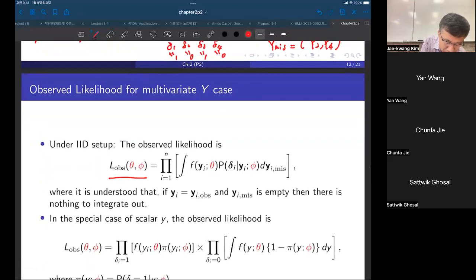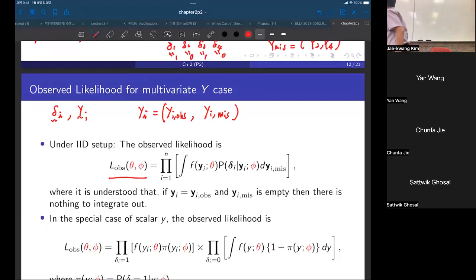For each i, originally you have delta_i and y_i, where delta_i is now a vector. But y_i now has two components, y_obs,i and y_mis,i, the observed part and the missing part.